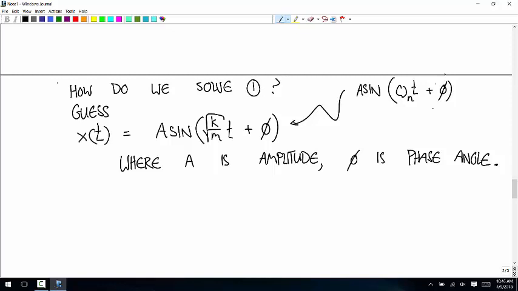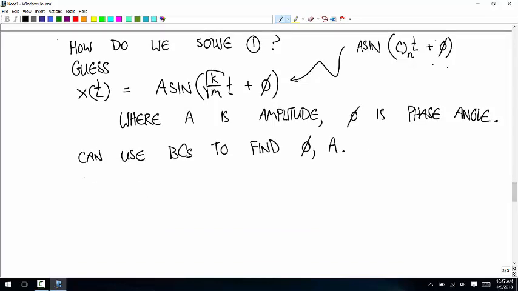So now that's the solution. We'll talk about how to get these constants next time. You can use boundary conditions to find phi and A.